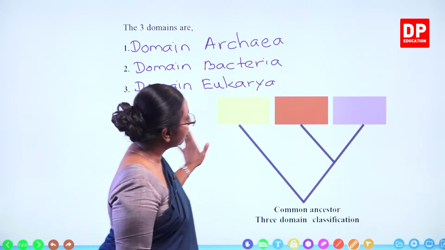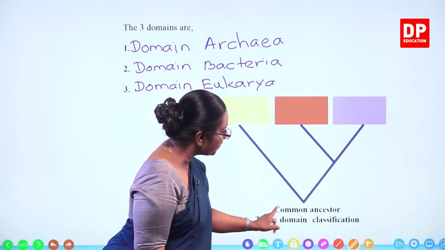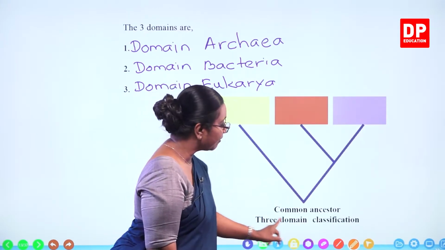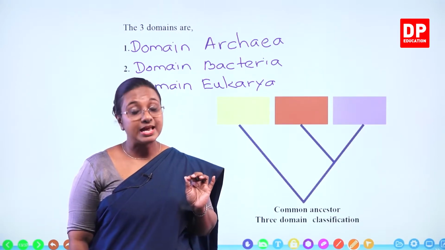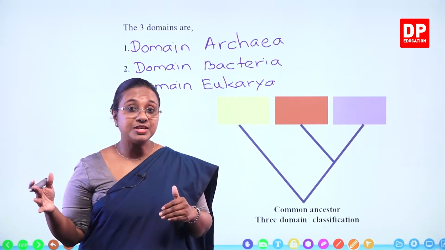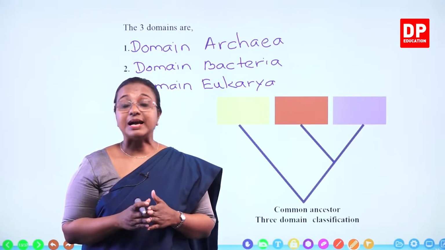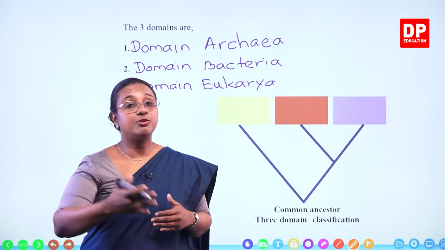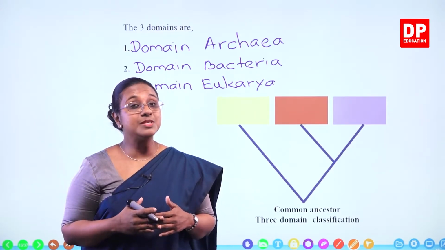So as I told you all, we will look at this diagram. Now here you can see from the common ancestor, we have the 3-domain classification. Why do we say common ancestor? You all can remember during the evolutionary process, there was the pre-cell, and from there it was the bacteria, anaerobic heterotrophic bacteria, and thereafter the different organisms develop.